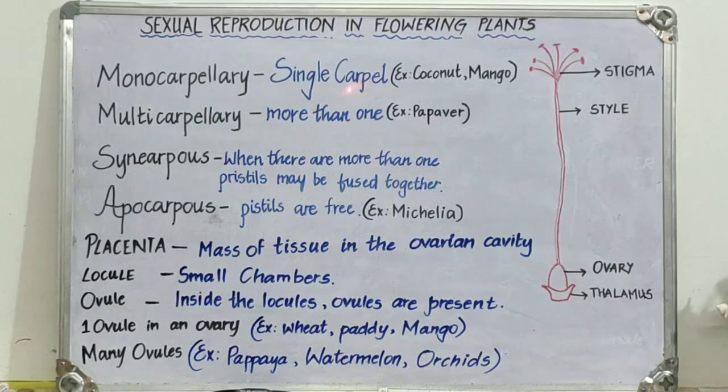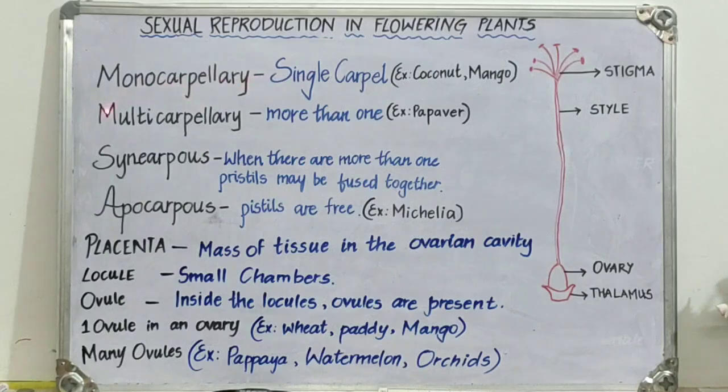Such a flower is said to be monocarpellary. Mono means one, single carpel. Examples: coconut, mango.